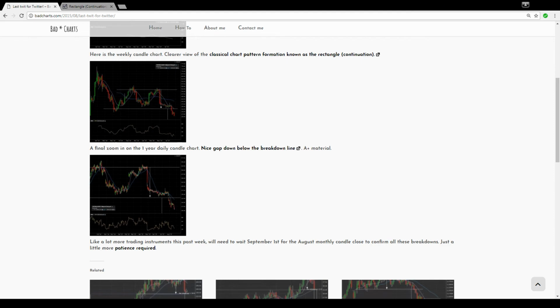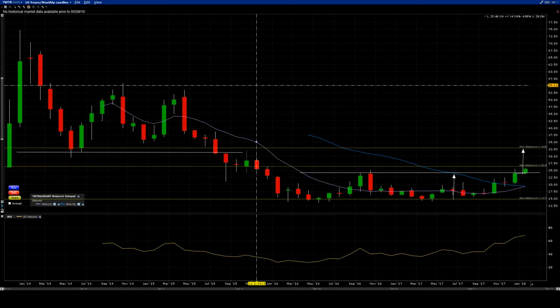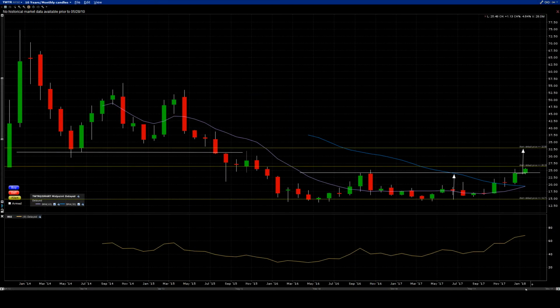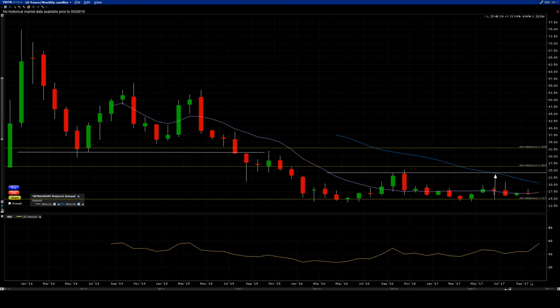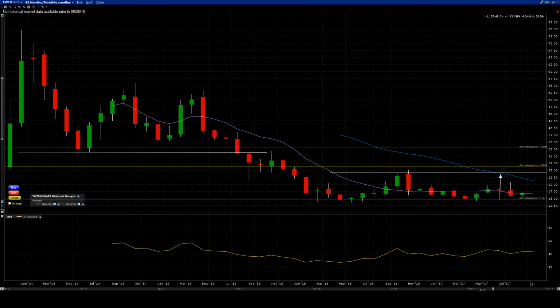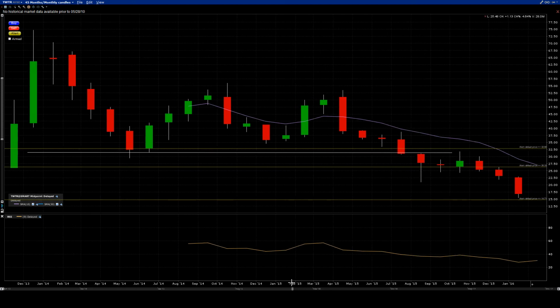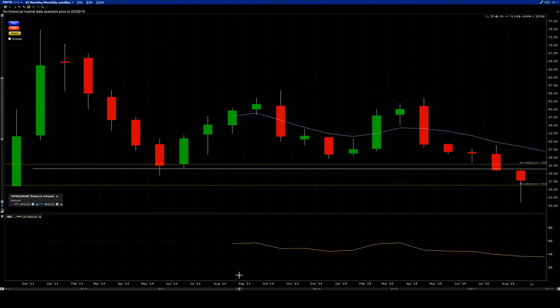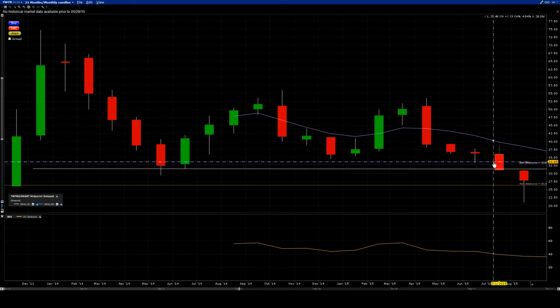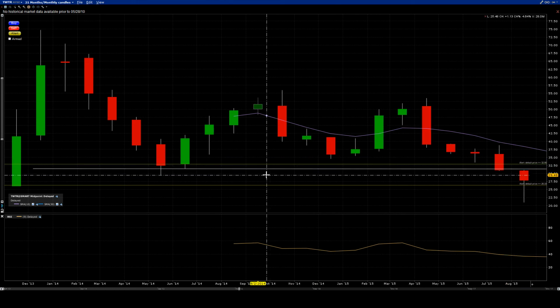Let's go back to Twitter. All right, here it is. And if we scroll back to that time period, let me cheat here. Scroll back. And I believe it was here. This was the breakdown candle. It closed below the breakdown line.